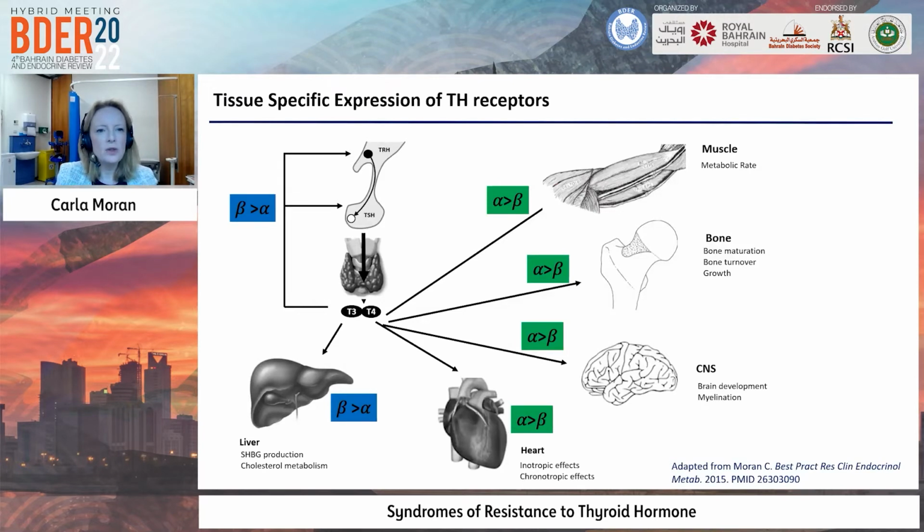And there is tissue-specific expression of these receptors. The skeletal muscle, bone, CNS, and heart predominantly express the alpha form of the receptor. The liver, the hypothalamus, and pituitary predominantly express the beta form of the receptor. And that's a really key concept when we're trying to understand the pathogenesis of the various forms of resistance to thyroid hormone.